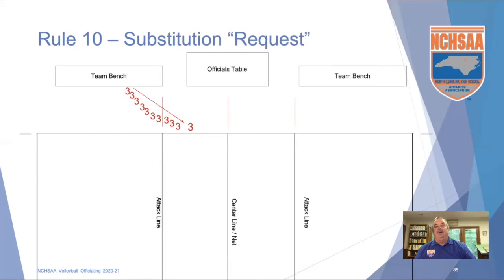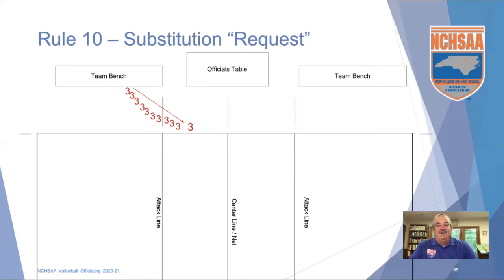And the other way you can have a request for substitution is for just a player to jump off the bench and run up into the substitution zone. They don't have to say anything. As soon as they enter the substitution zone, so this is of course without play being underway, there's a dead ball.